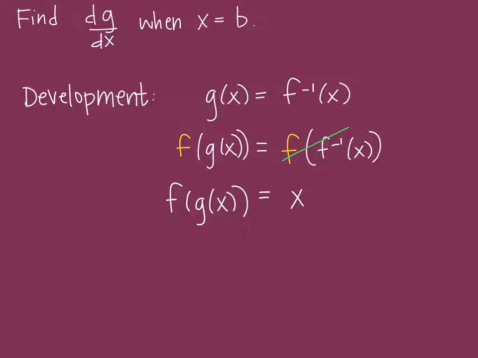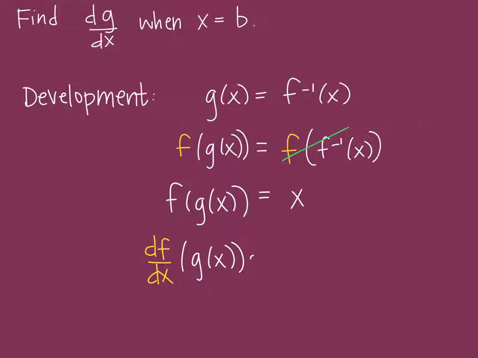Remember, we are looking for the derivative of g. Let's find the derivative of this composite function first. So we're going to work outside in. We're going to start with the derivative of the outside, so that would be df dx, while we're leaving the inside alone.